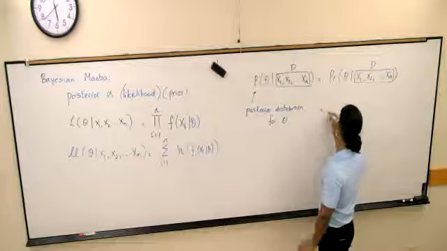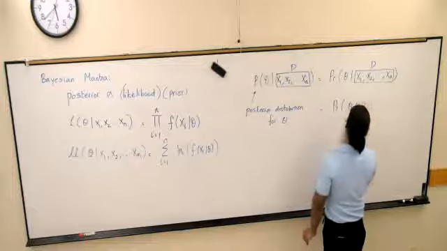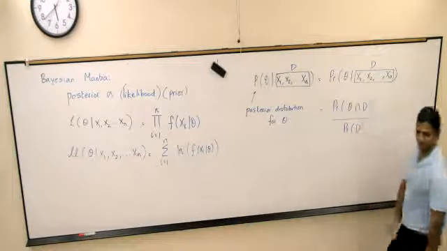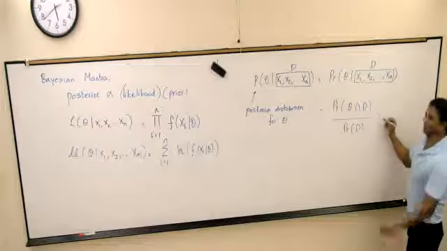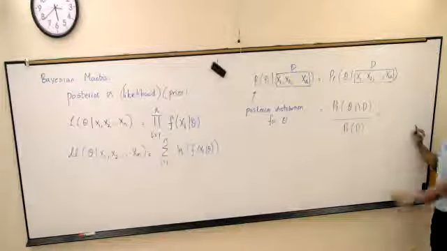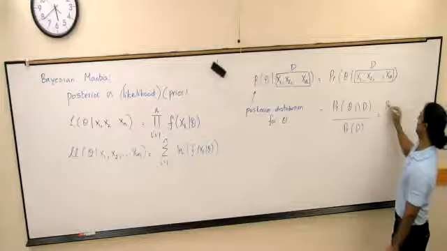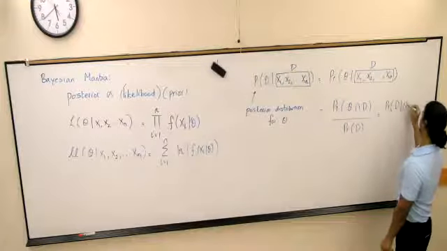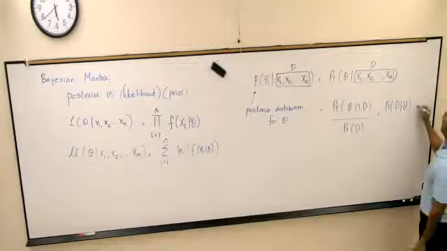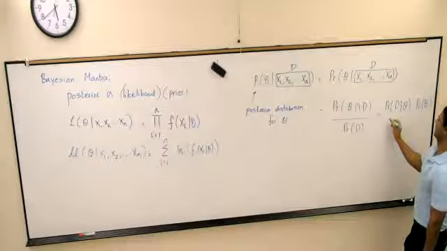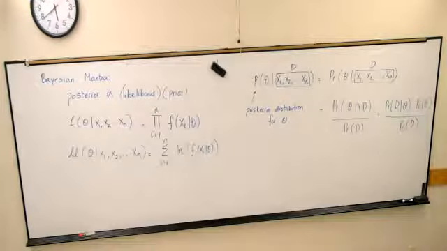Probability of theta given D is probability of theta and D divided by the probability of D. Yes? Multiplication. I can rewrite probability of theta and D as probability of D given theta multiplied by probability of theta divided by probability of D. Good.